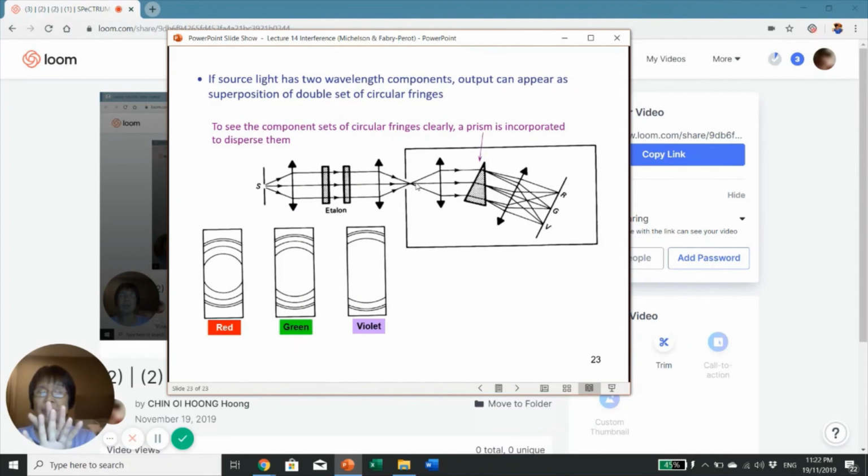If you can disperse it such that one set of the fringes is displaced from the second set, then you can see it clearly. So what we do is we let the output light beam pass through a prism, and then you will be able to see different sets of interference patterns. For example, you can see fringes for red, fringes for green, and fringes for violet.